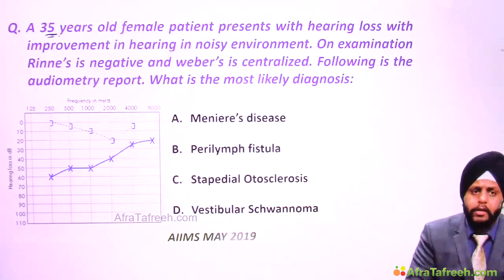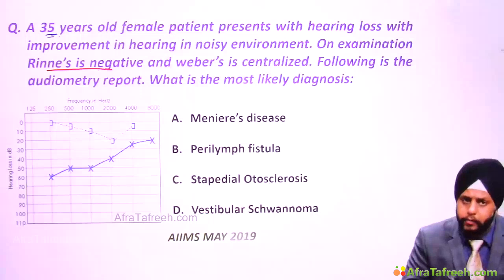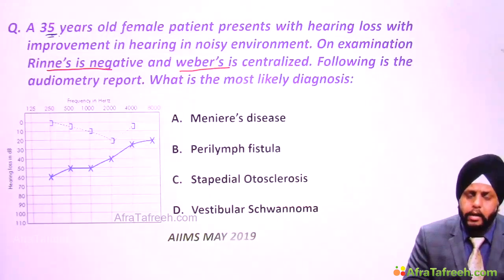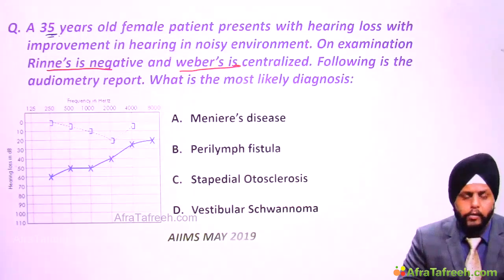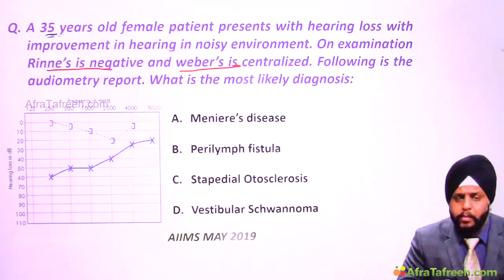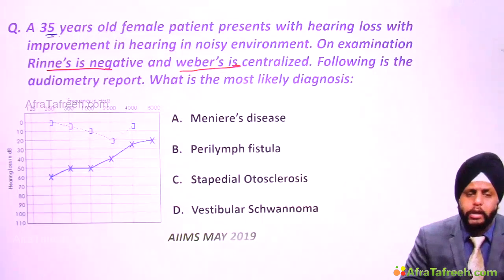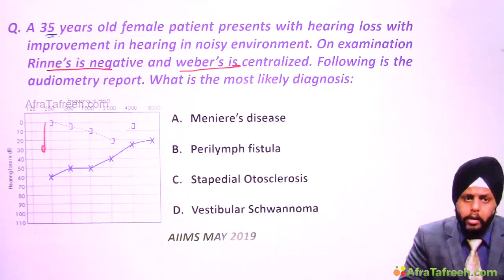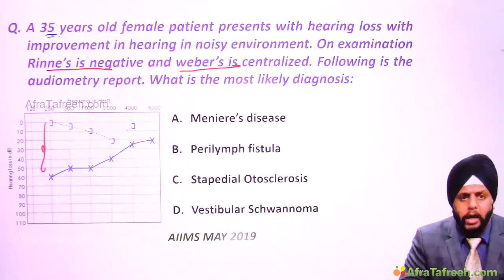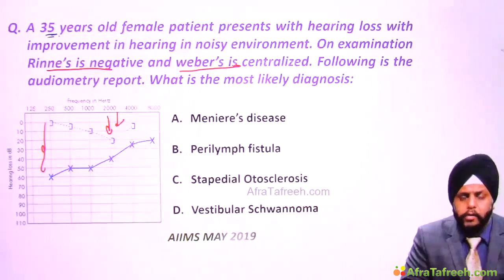On examination, Rinne's is negative, of course, and Weber's is centralized. So Weber's is in the center, that means the patient may be having bilateral hearing loss. Rinne's is negative. Following is the audiometry report. It's a typical audiometry report. There is an AB gap, there is a Carhart's notch in the bone conduction at 2000 Hertz.